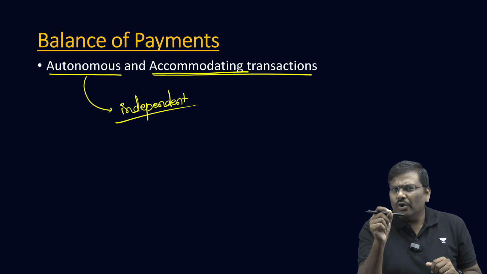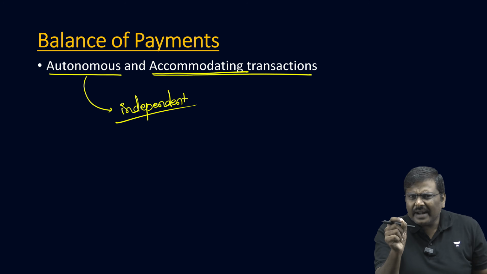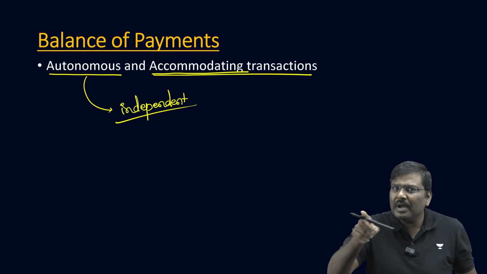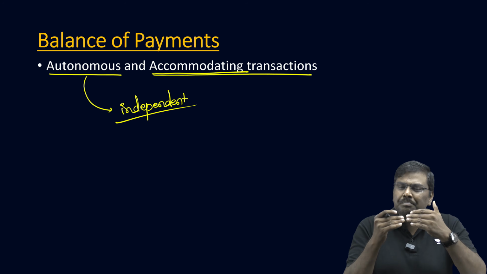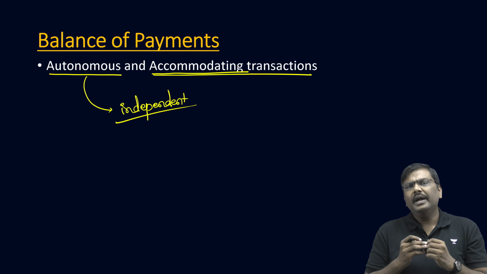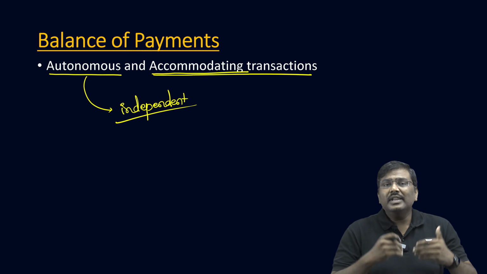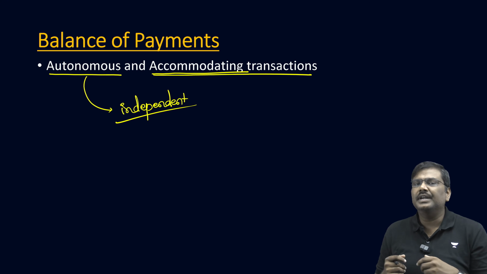So don't you think this activity that is conducted by the Reserve Bank of India is completely dependent on the status of BOP? It is completely dependent on whether there is a surplus or a deficit.